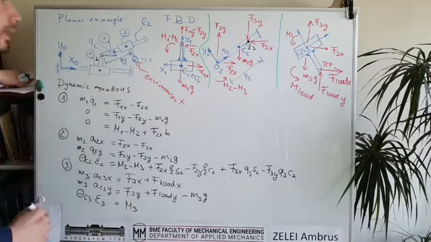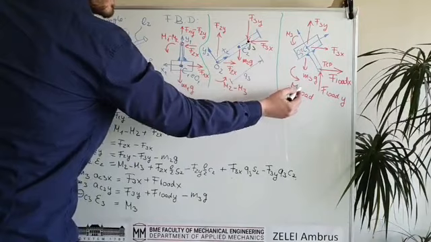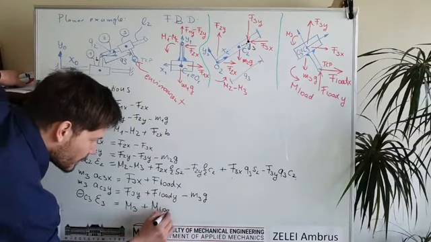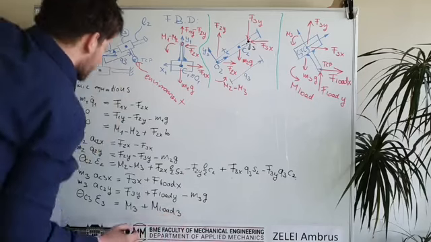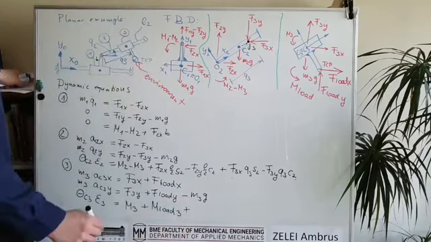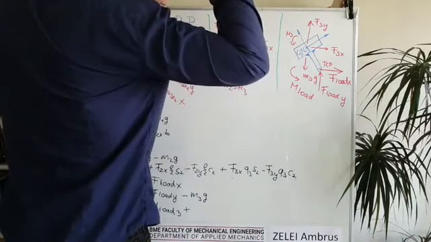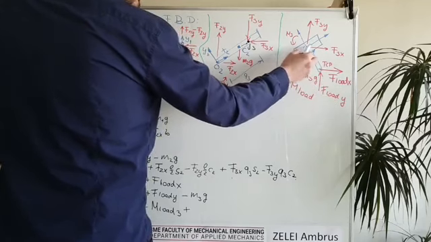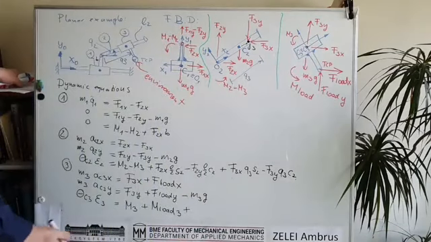So there is the joint torque M3, and additionally there is the loading torque from the environment, and additionally we have the moment coming from the loading force to the center of mass.